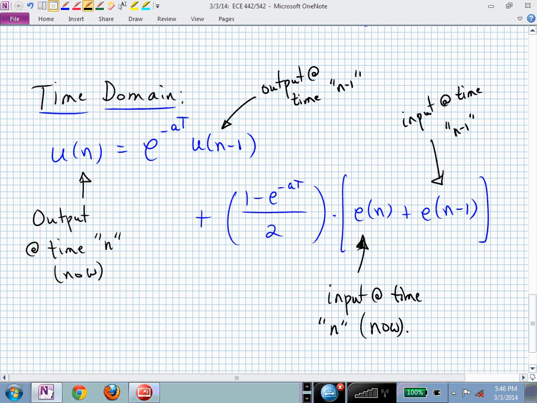Why don't I try to design my algorithm so that I am only using inputs one time step before? That's the implementation issue or constraint that I want to talk about now. Is that sort of clear what's happening here in terms of an algorithm if you were doing this in real time? How you might implement this?